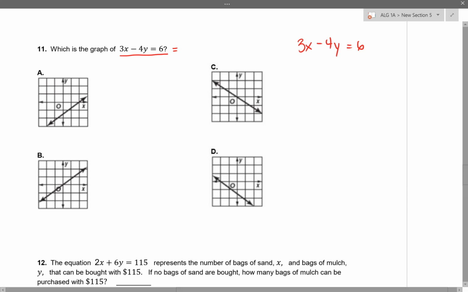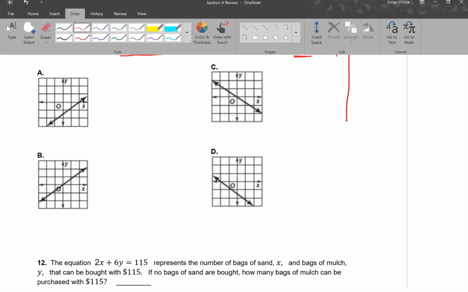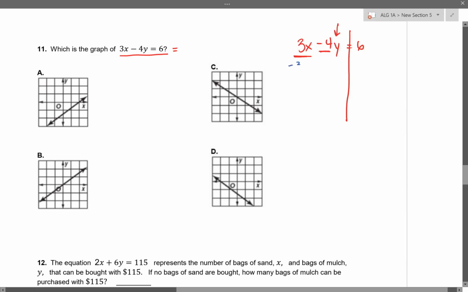Okay. Now, all I need to do is get my y by itself. So that means I need to move this one, and I need to move this one. How do I move this 3x to the other side? Well, I got to subtract it. Negative 3x, negative 3x.